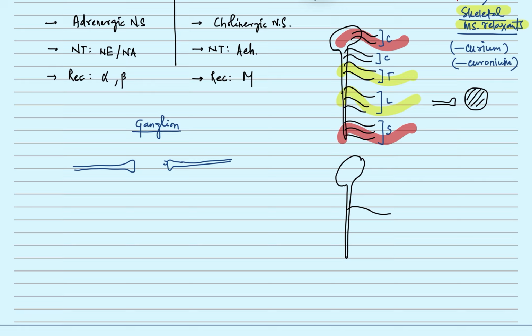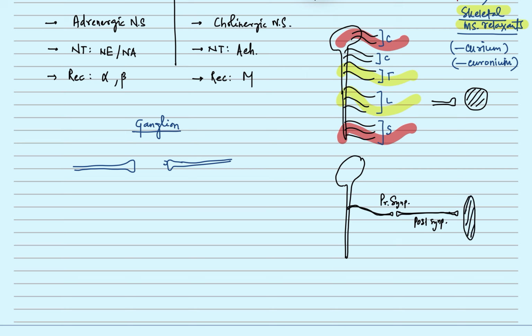One nerve comes out from the spinal cord, which is called a presynaptic neuron, and from this another neuron originates, which is called a postsynaptic neuron, and this neuron acts on the involuntary muscles.